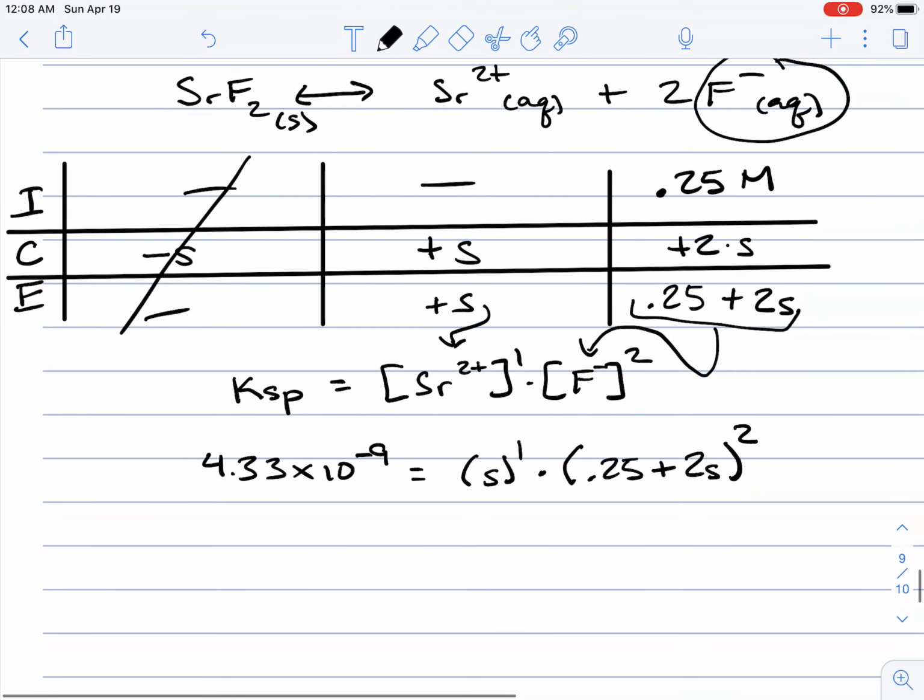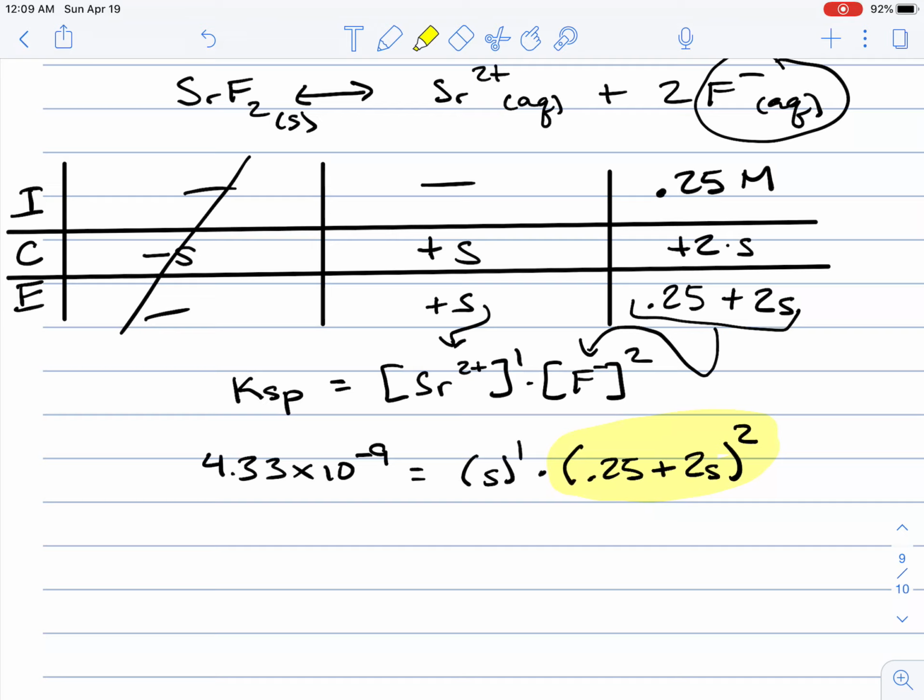Okay. Now, if you look at this term that I'm going to highlight, this is 0.25 plus 2s squared. And so this is a binomial. And if you're thinking, oh man, does that mean I have to express it twice and then FOIL it, and then since I have an s squared, do I need to use the quadratic equation?